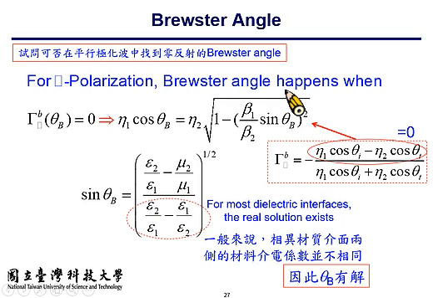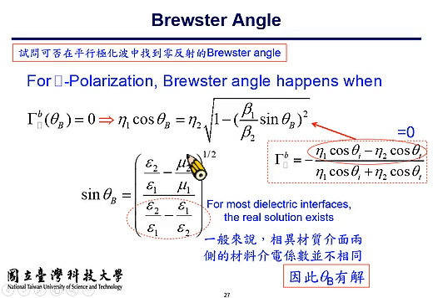This thing is non-zero as long as epsilon 1 is different from epsilon 2, which can be easily satisfied for most materials, for most interfaces with non-conducting dielectrics. The solution is real. The real solution exists. So for parallel polarization, the Brewster angle can be found using this relationship.